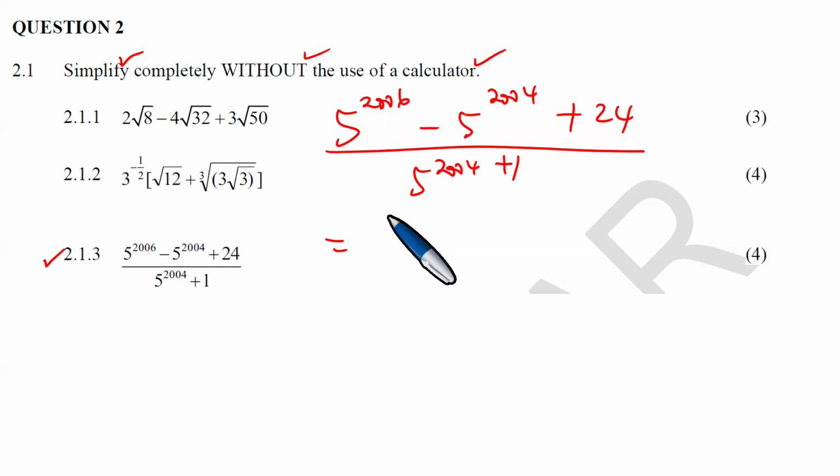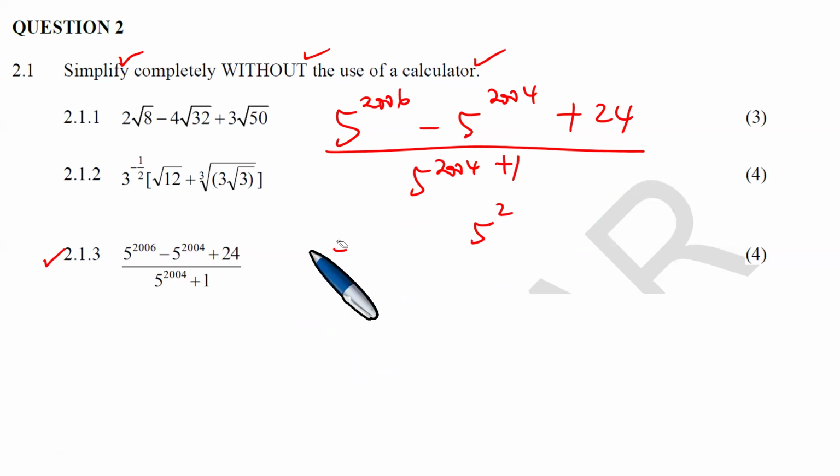So we can take out the highest common factor out of the two terms in the numerator. The highest common factor is 5 to the power 2004. And 2006 is 4 plus 2, so it means that you can put a 2 there.